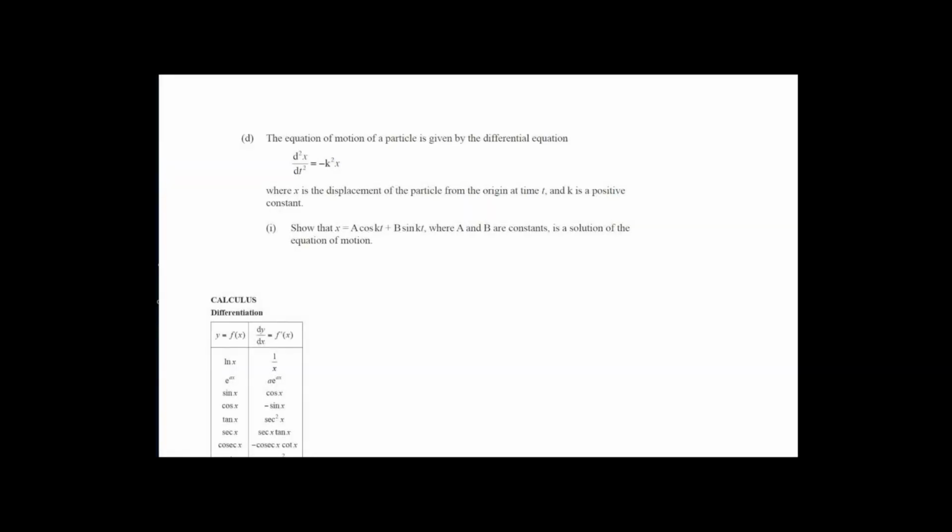Okay, the last couple of questions. The equation of the motion of a particle is given by the differential equation: the second derivative is equal to -k squared x, where x is the displacement. A physics student should see this as simple harmonic motion, where x is the displacement from the origin at time t, and k is a positive constant.